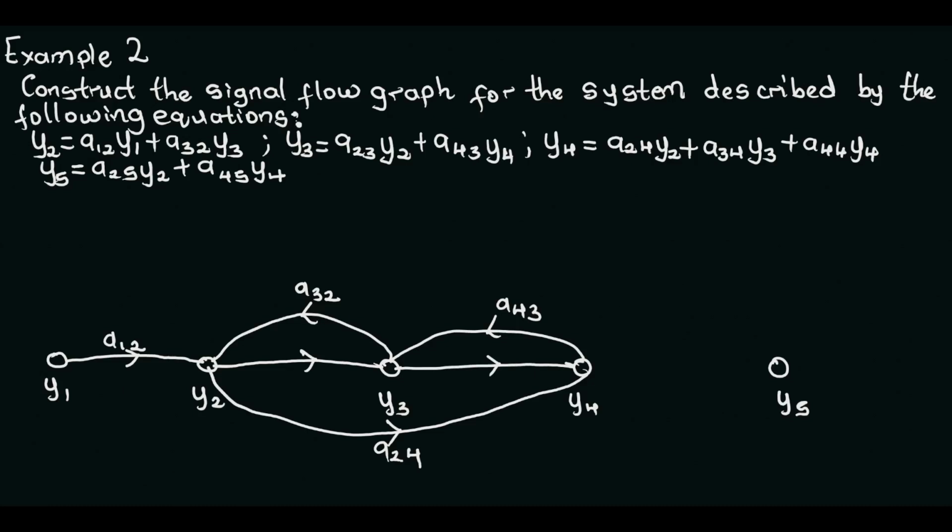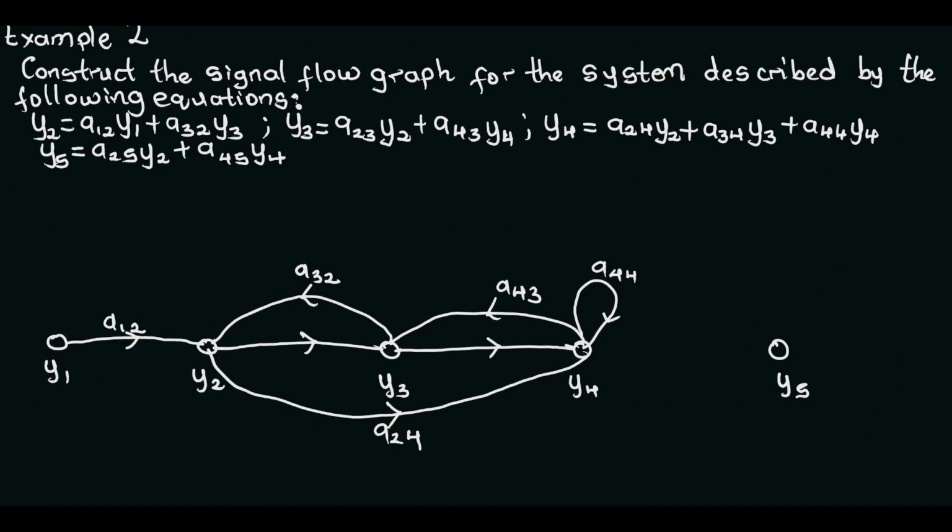A44 Y4. This is going to be a loop on Y4. Then you show Y5 equals a25 Y2. It's going to move from Y2 to Y5.